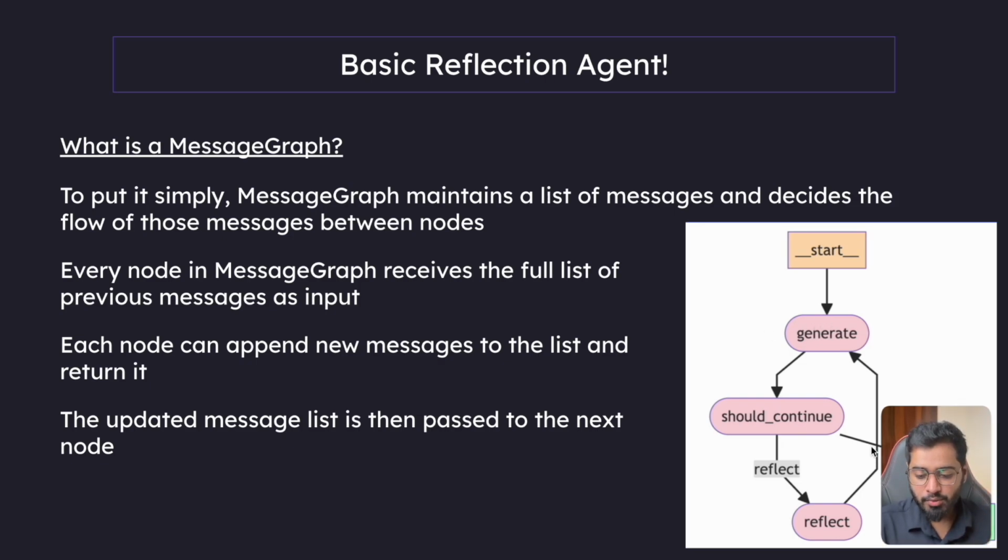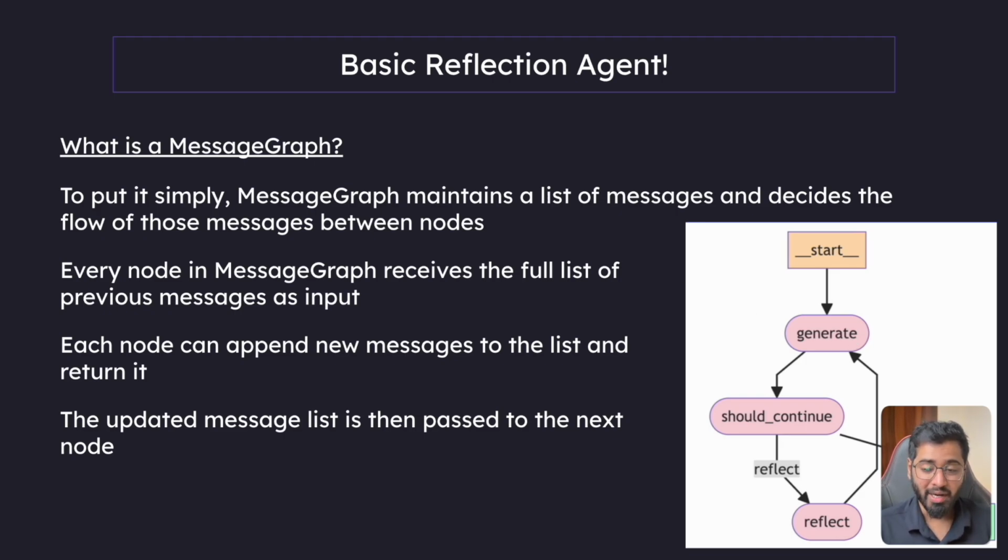So basically each of these nodes receives as input all the previous exchanges that happened, and can append another output, a response, and then send it to the next node. And then the next node can do the same thing. It receives the entire input, uses that to generate a new response, appends it to the list, and then passes it back to generate, and then reflect, and then generate. So that is a very simple workflow, and that is exactly why we are going for message graph.